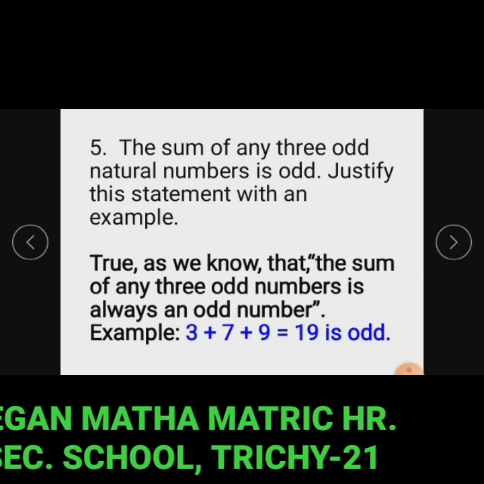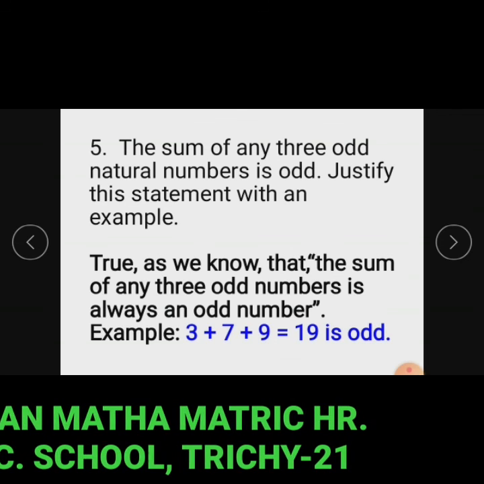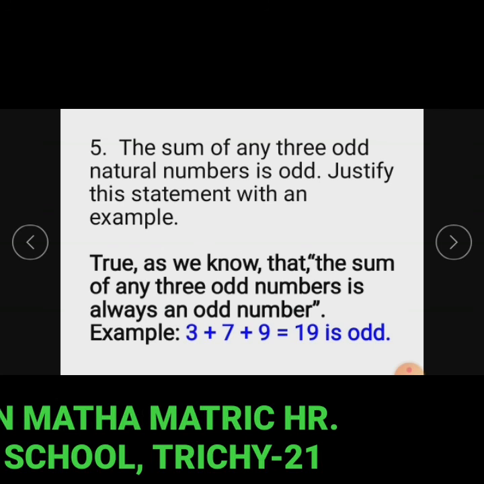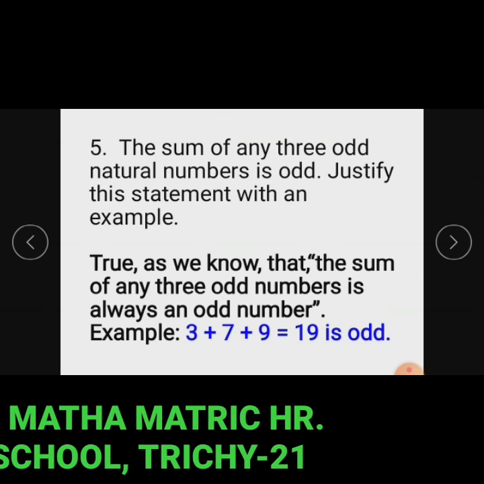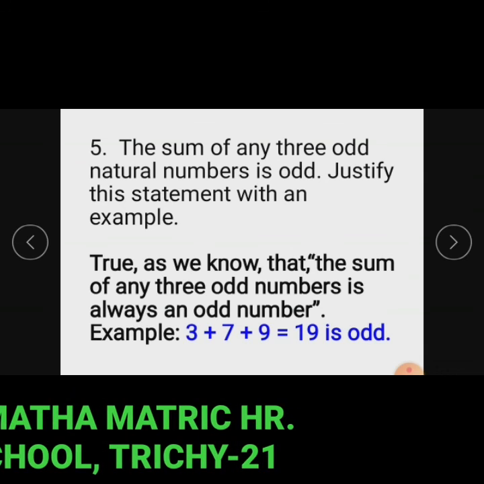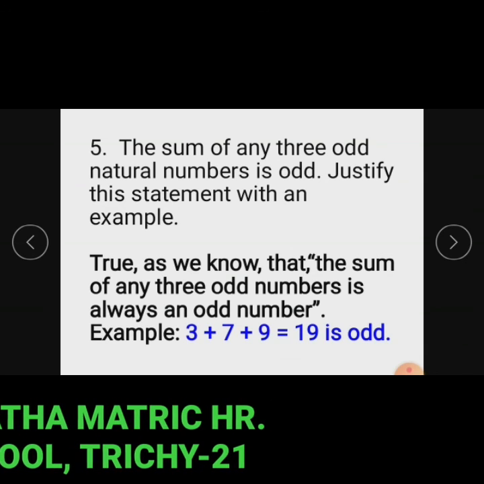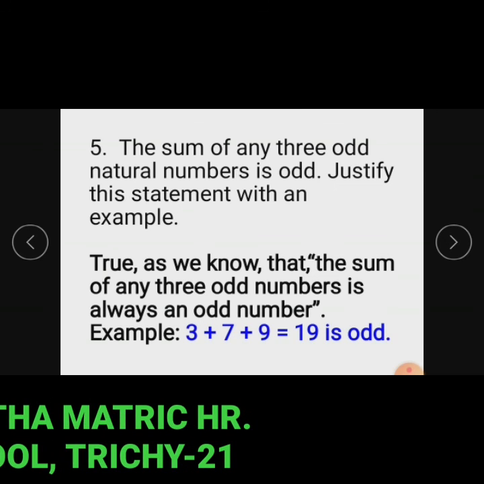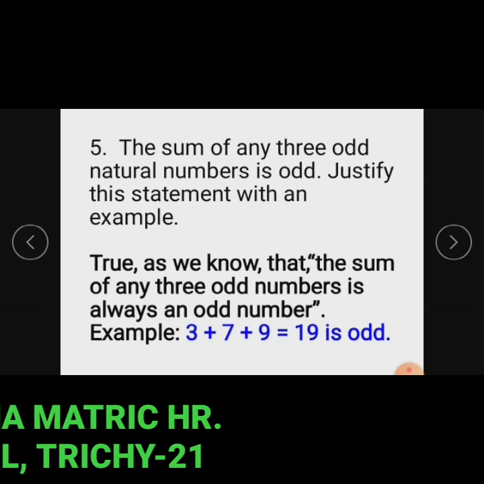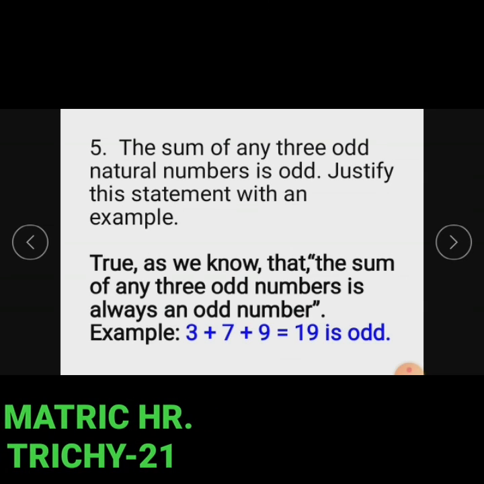Question number 5. The sum of any three odd natural numbers is odd. Justify this statement with an example. The statement is true. The sum of any three odd natural numbers produces an odd number.